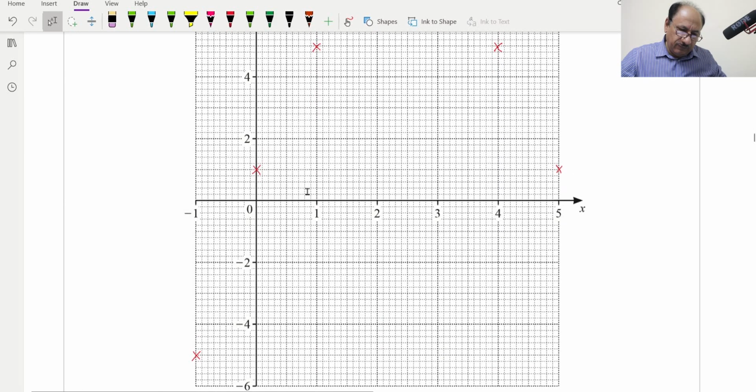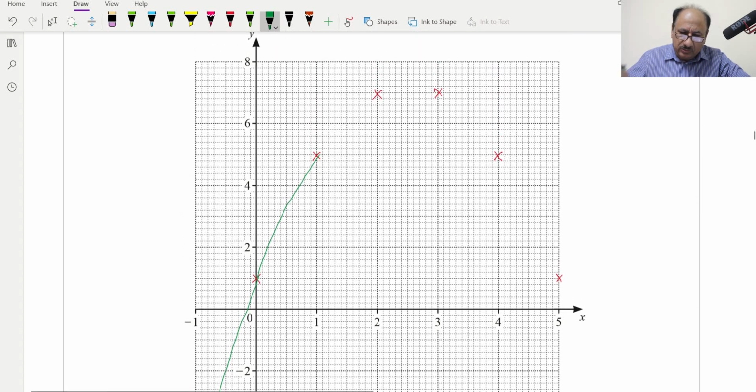line, and if we try to draw a smooth line like this one, we will extend this line like this, and hopefully this is a smooth line.